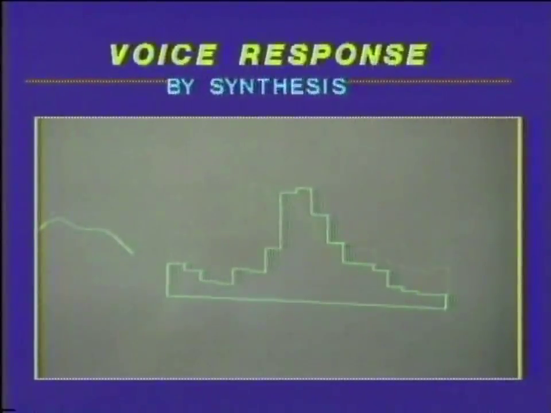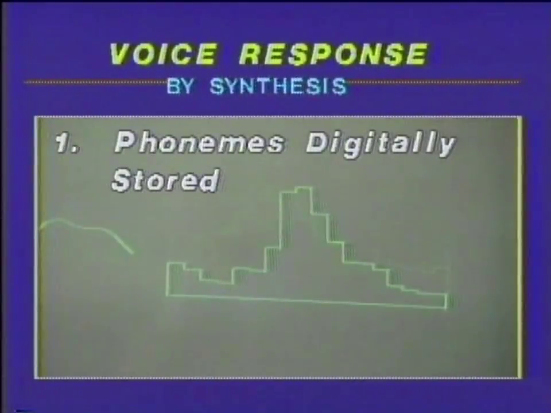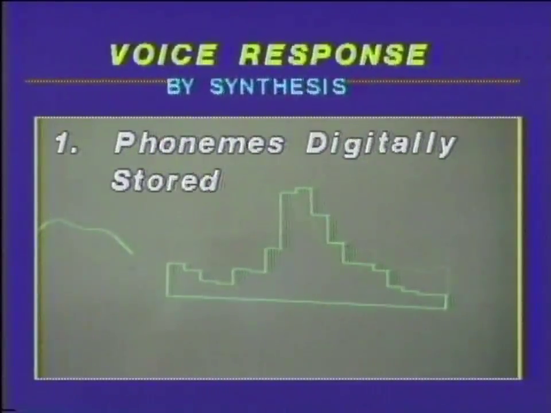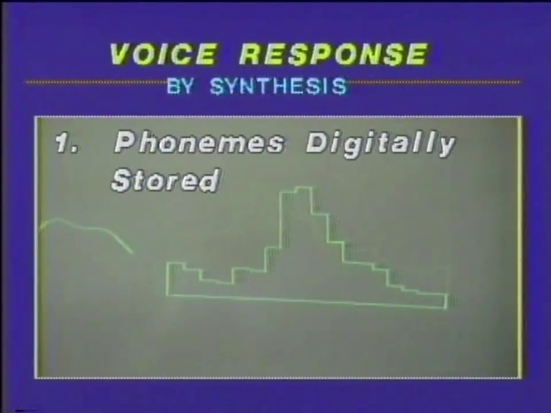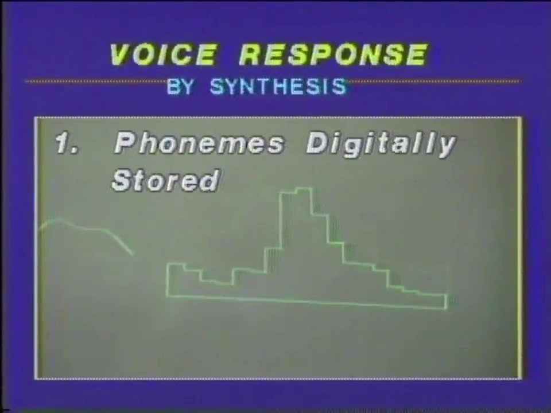In the CVR synthesis process, the computer digitally stores parts of word sounds, called phonemes, sort of an expanded set of phonetic ABCs. A sufficiently large vocabulary for most applications results from using about 100 phonemes.